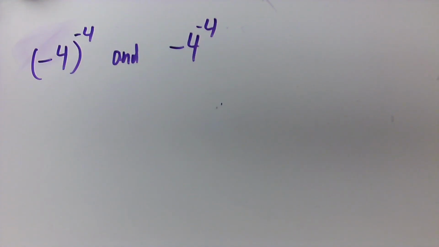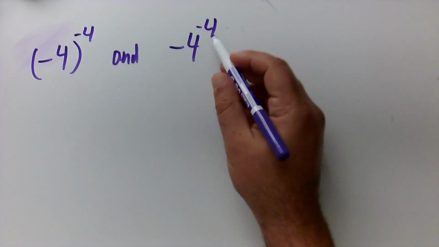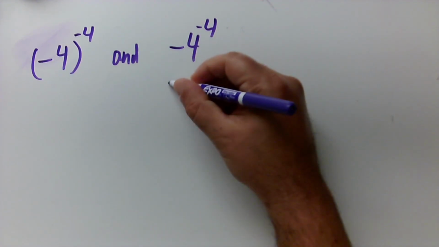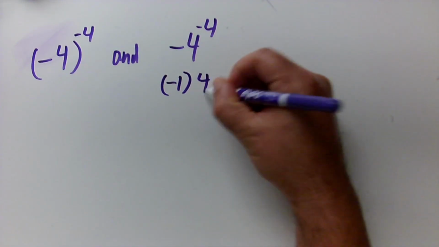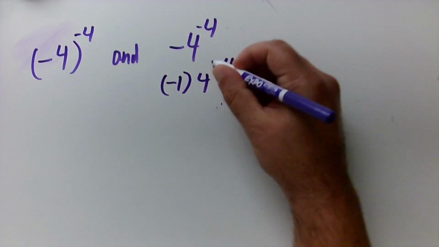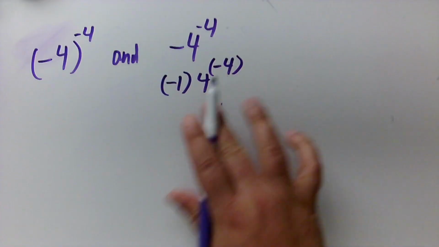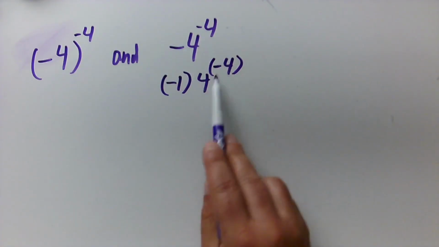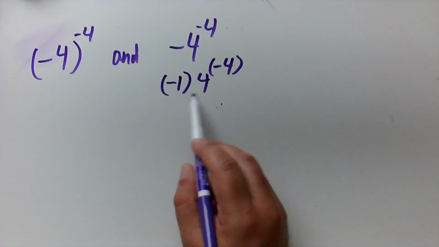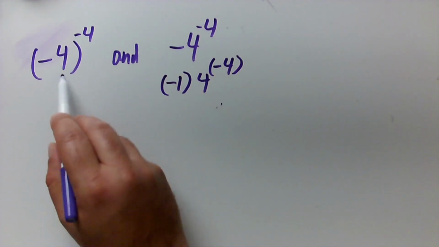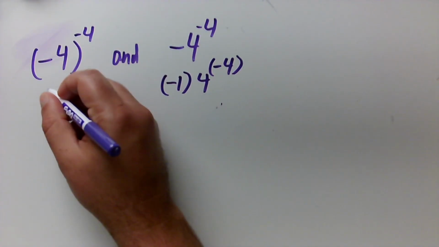Negative 4 to the negative fourth power, without parentheses, is pretty much multiplying negative 1 times 4 to the negative fourth power. You could put parentheses over here, but usually it's just assumed that if it's in the exponent, it's to the negative fourth power. So this is going to be a negative number no matter what. This may or may not be a negative number.